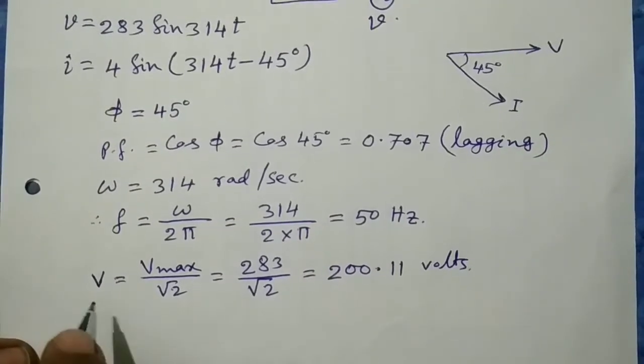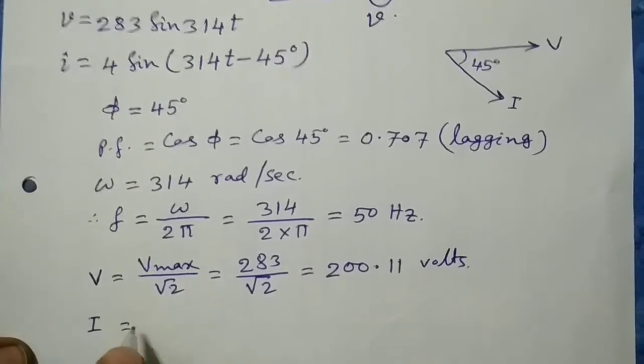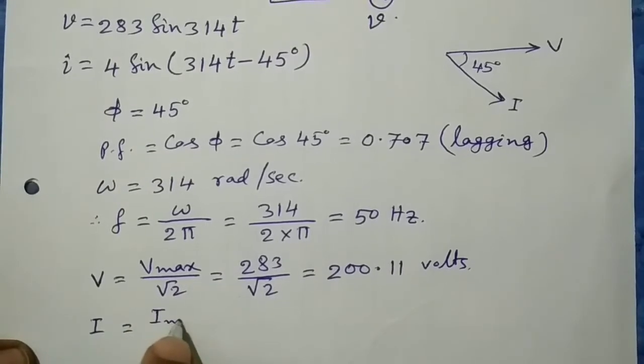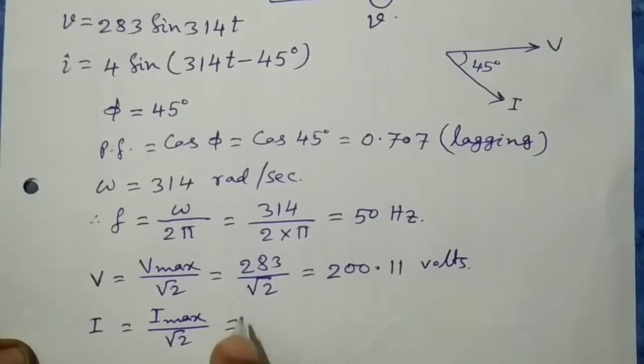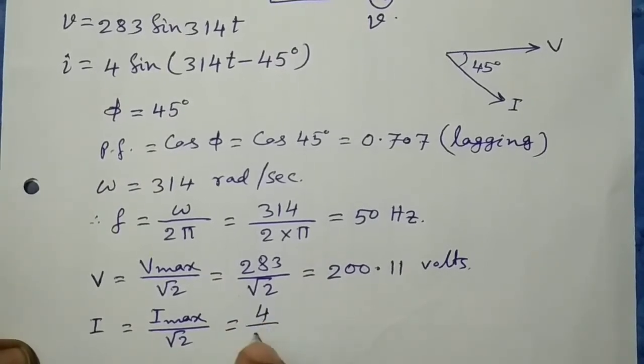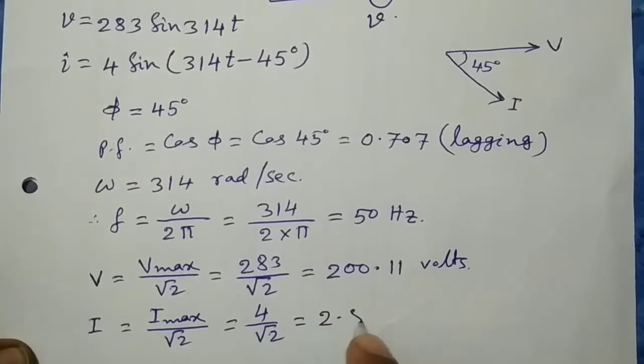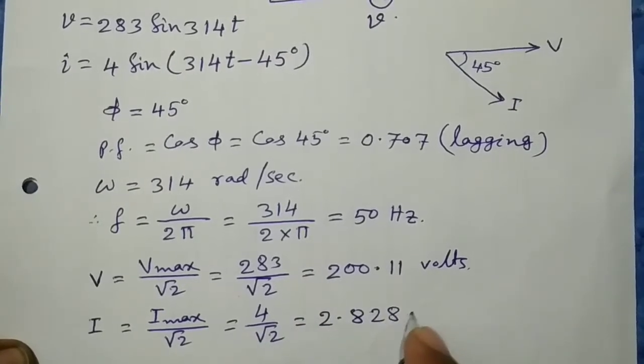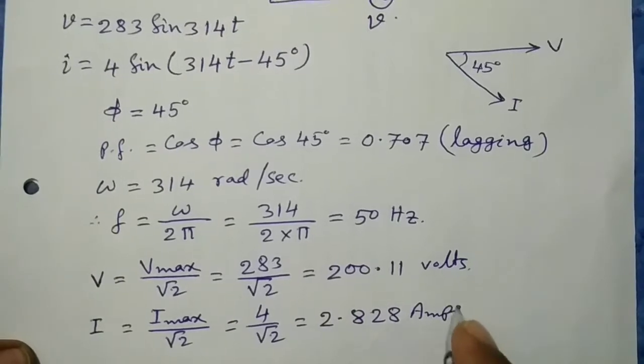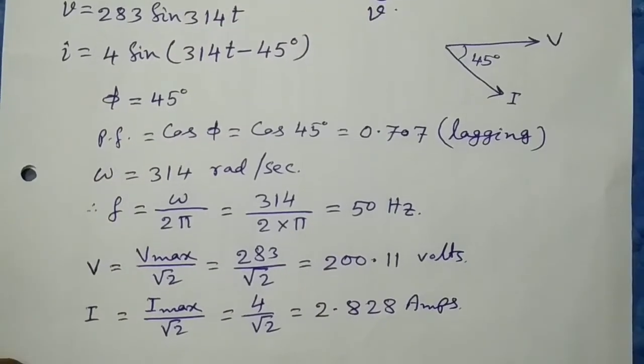Similarly, the RMS current can be calculated as I max upon root 2. So it is 4 upon root 2 and it will be 2.828 ampere. So this is the voltage and current of the circuit.